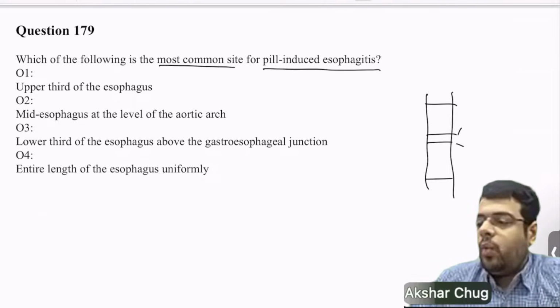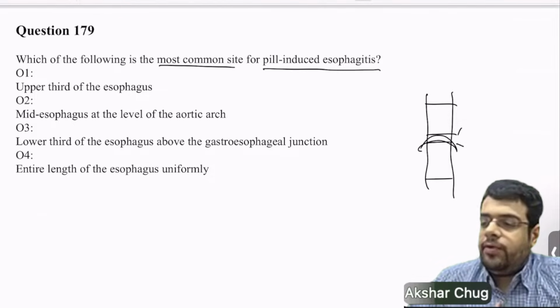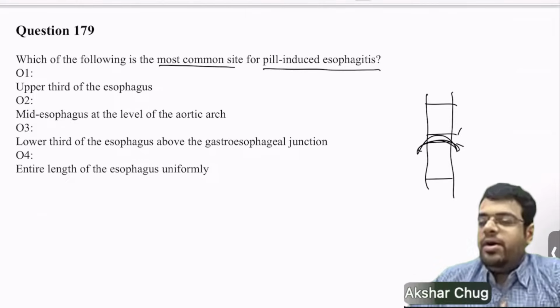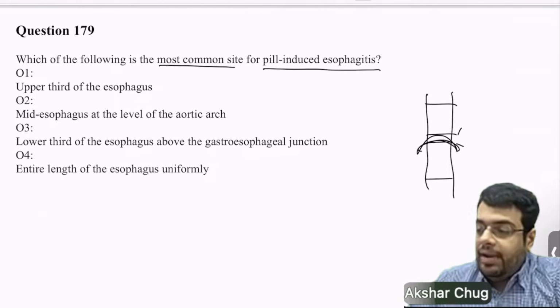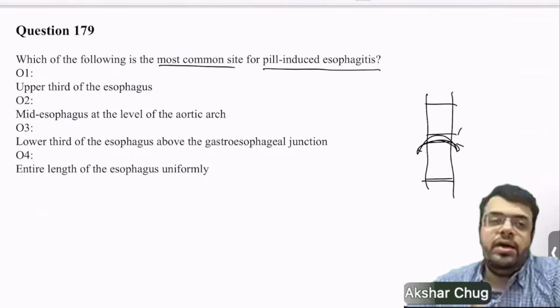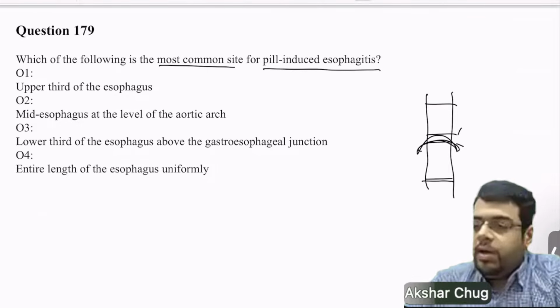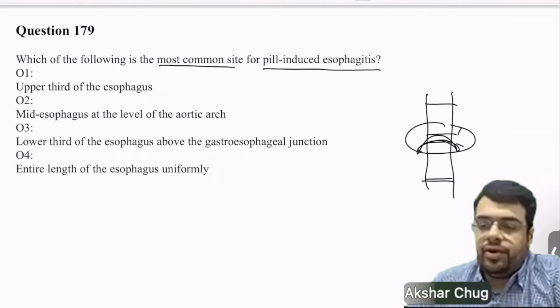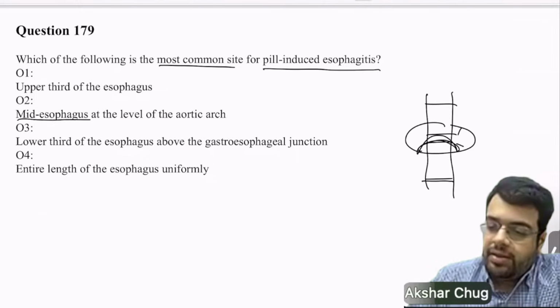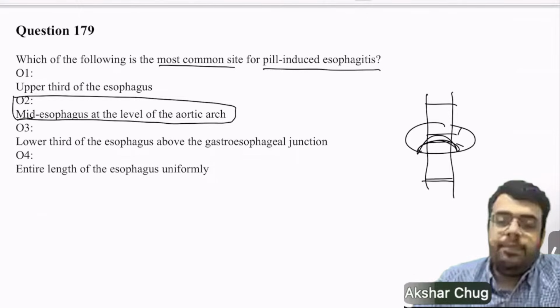One is due to the left bronchus and the other is due to the arch of aorta. At the point where the arch of aorta crosses the esophagus, there is a compression, and the lowermost compression is due to the gastroesophageal junction. Pill-induced esophagitis is mainly due to the middle constriction. So mid-esophageal, at the level of the arch of aorta, will be the correct answer.